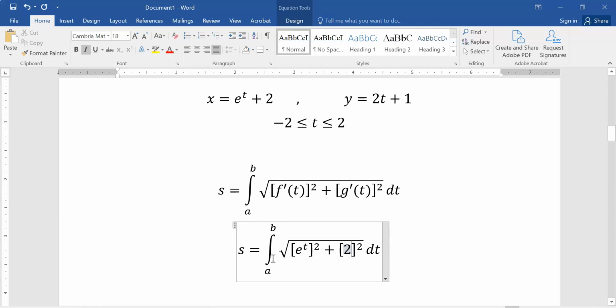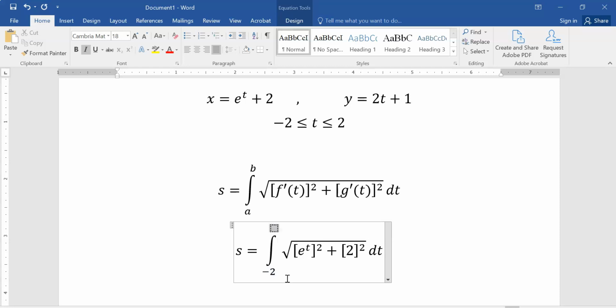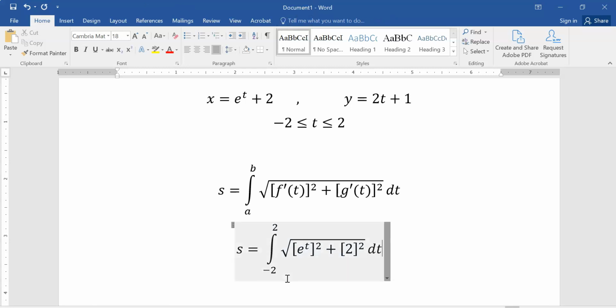So integrating the square root of e to the t squared plus 2 squared, and then my a, lower bound of t, is negative 2. My b, which is the upper bound of t, is a positive 2. And that's something that you can plug into your calculator.